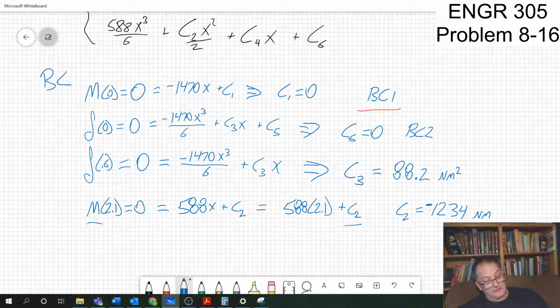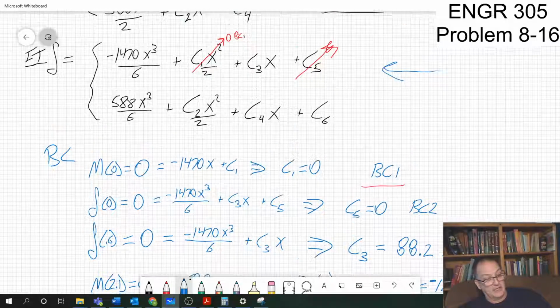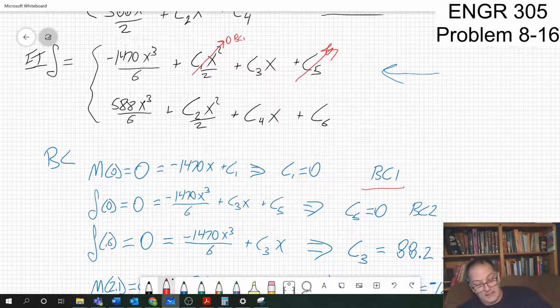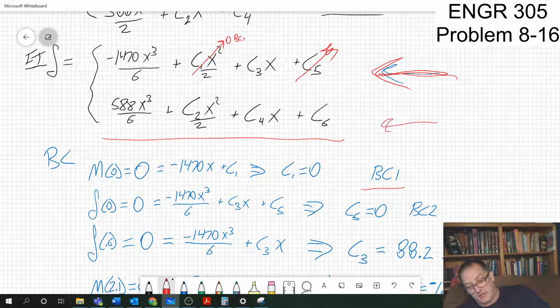I do know the deflection at 0.6 is equal to 0, and that's true with this equation too. So I can use this equation from the other side. I already used this equation from the left, and now this equation from the right.